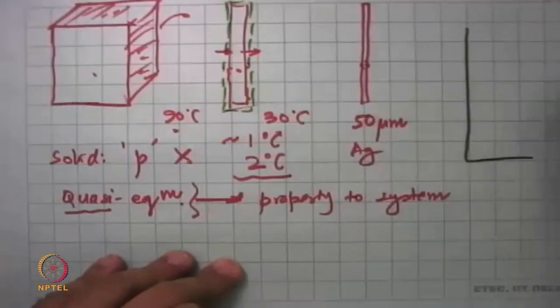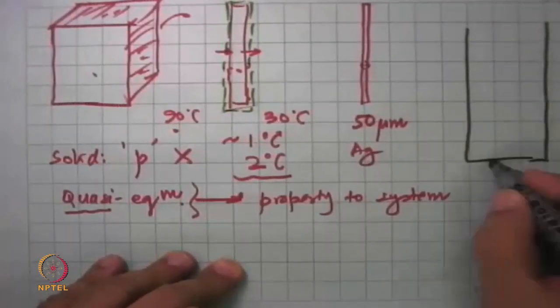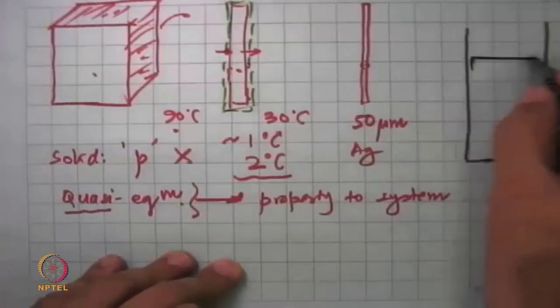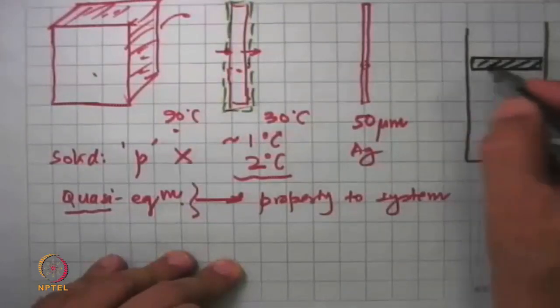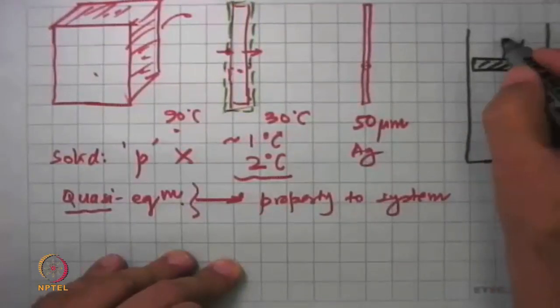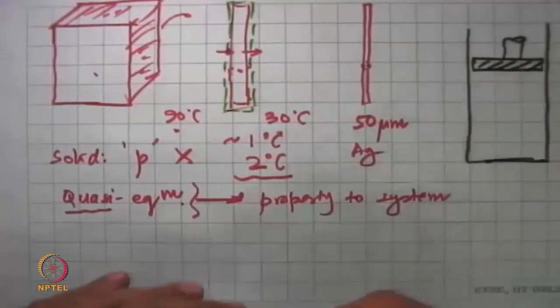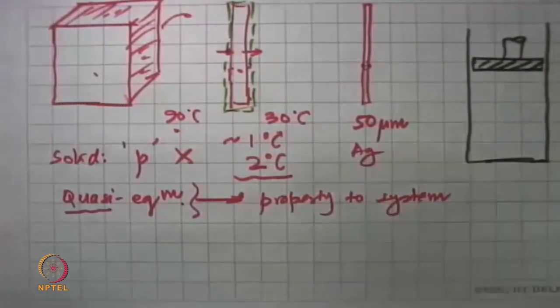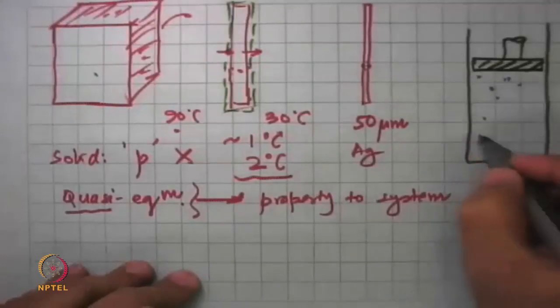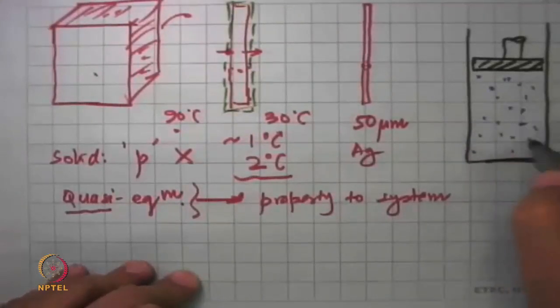Another example is something that will keep coming back again and again in this course. There is a cylinder piston arrangement. And inside this, there is a gas. Let's for the moment assume that this is an ideal gas.